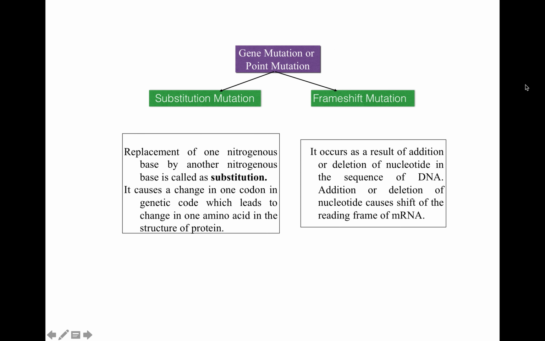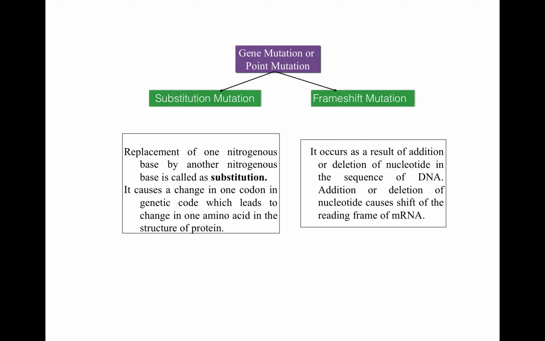Now, types of gene mutation. So there are two types: substitution mutation or frame shift mutation. In this type of mutation, one base pair replaces another, or one base pair is substituted for another.